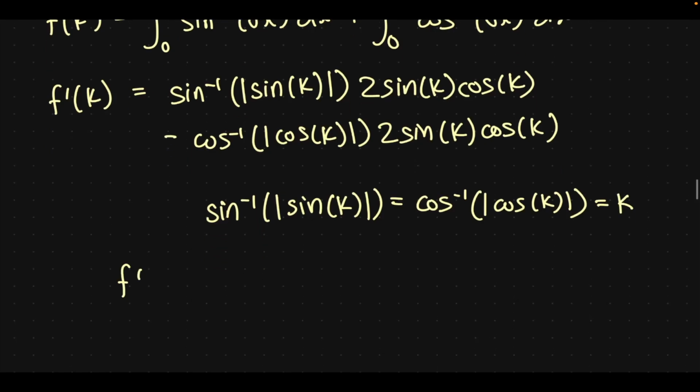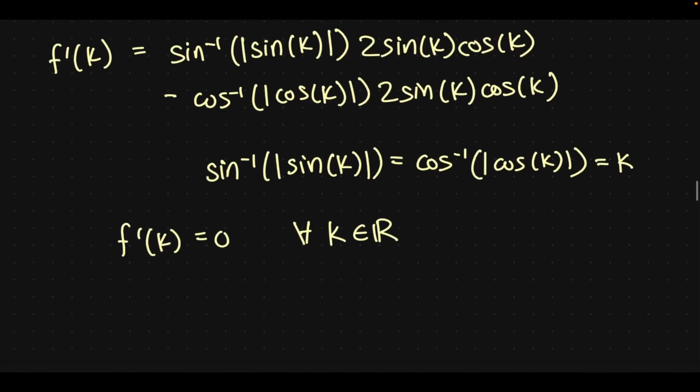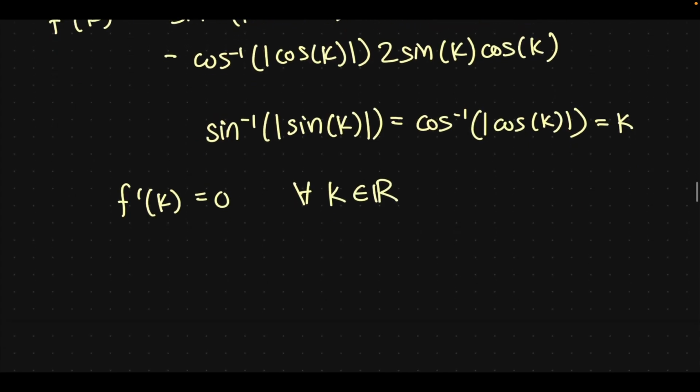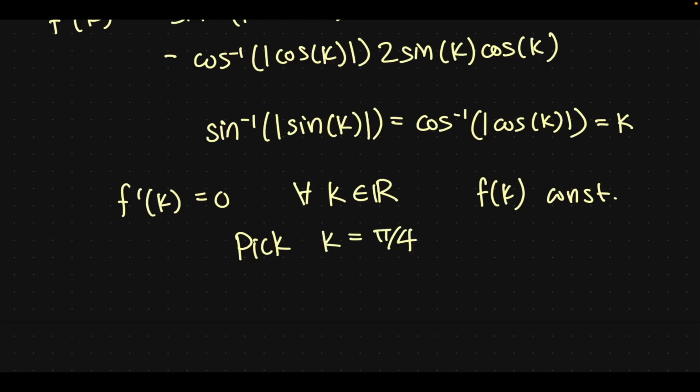So f prime of k is 0 for all k belonging to the real numbers. So that means its value is essentially fixed for all k. So it's a constant for all k. So we can just pick any k that's convenient to us, and that should be the max, because for a constant function, its value at any given point is, well, the max.